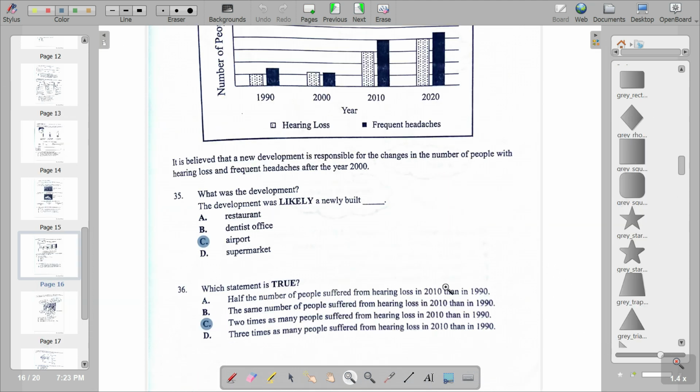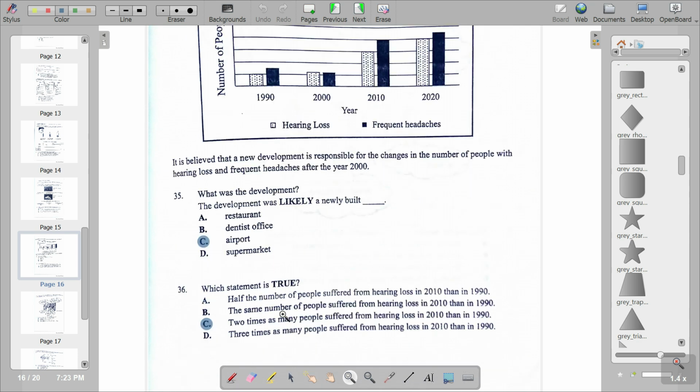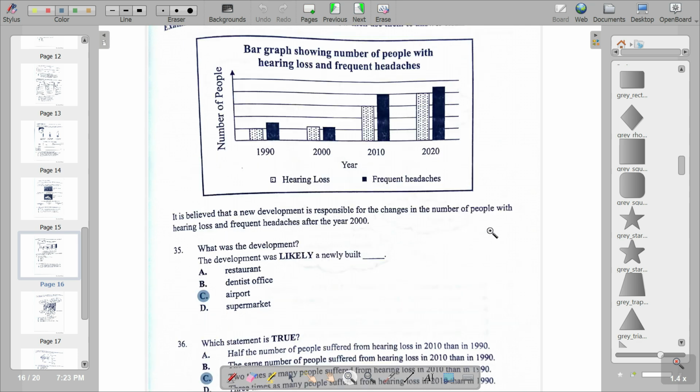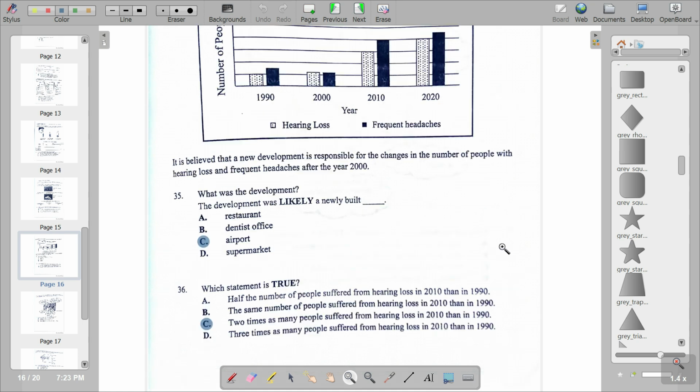Alright, which statement is true? Half the number of people suffered from hearing loss in 2010 than in 1990? No, that's incorrect. More people suffer from hearing loss than in 1990, so it cannot be half. The same number of people suffered from hearing loss in 2010 and 1990?